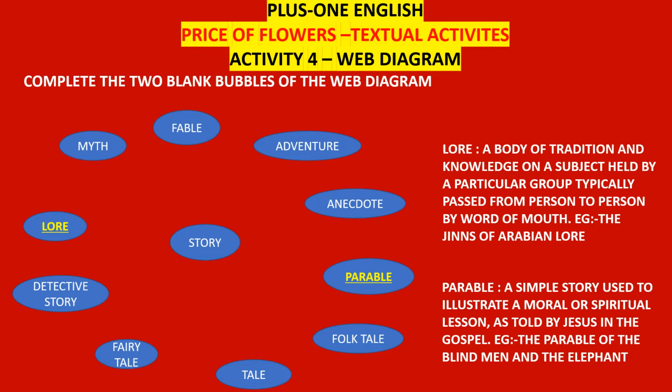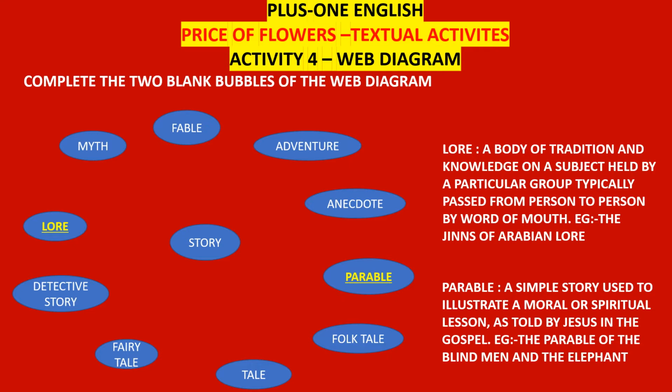Let us see the central bubble. The center bubble is story. So myth is one genre, fable another genre, adventure, anecdote, then the blank bubble comes.